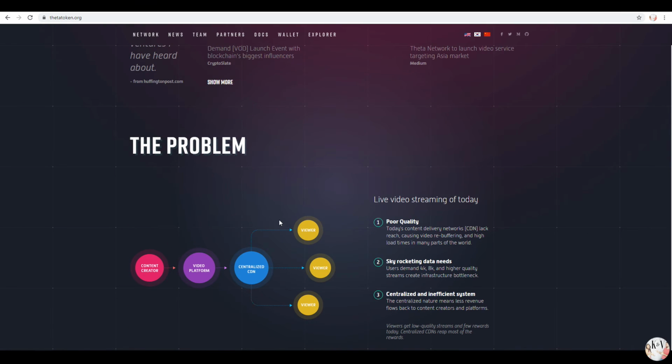And here, the main thing that I always look for whenever I look at something new is the problems that they are trying to solve.